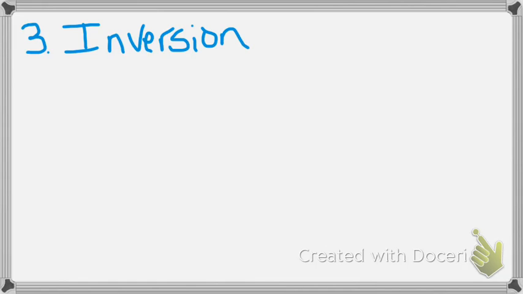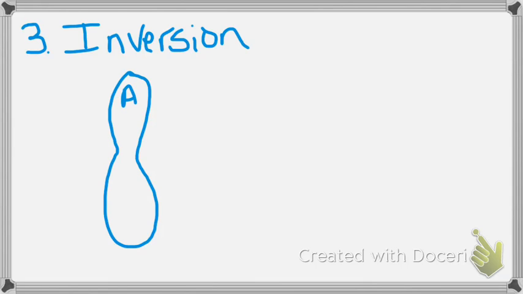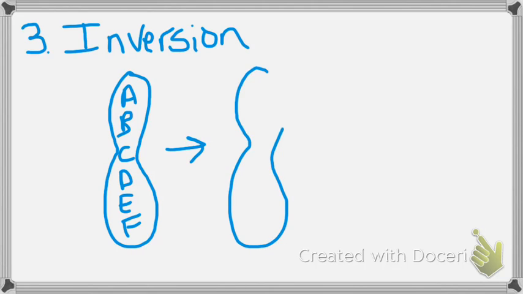Our third type of chromosomal mutation is called inversion. Inversion means you're reversing the order. So here's our chromosome: A, B, C, D, E, F. If we have an inversion occur, we're simply going to be flipping this order around.